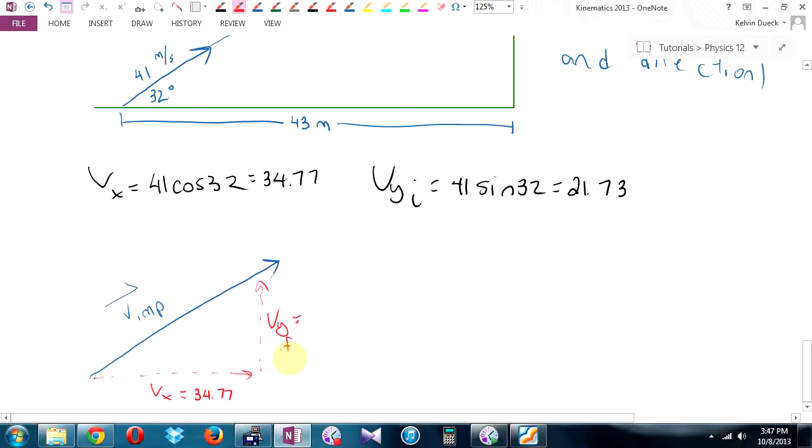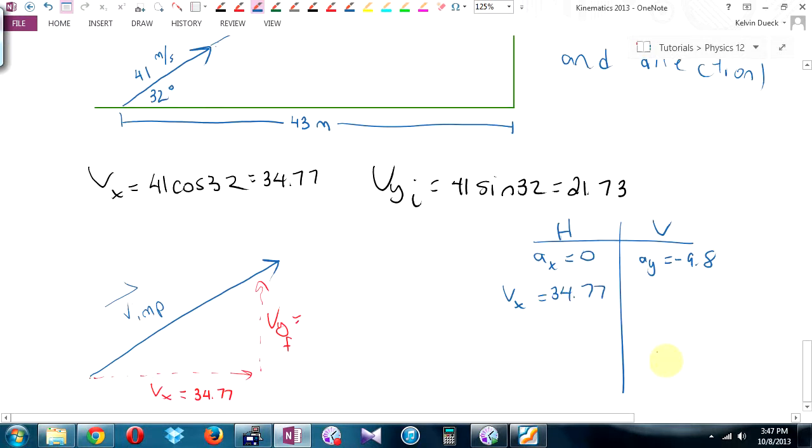Neve, did you say we were at an angle? And so we went components? Is this a projectile? Then where's my t-table? That's my next step. I'm going to say to myself, horizontal, vertical, nothing, negative 9.8. 34.77, Vy initial, 21.73.